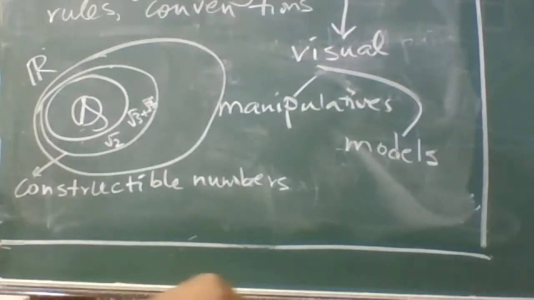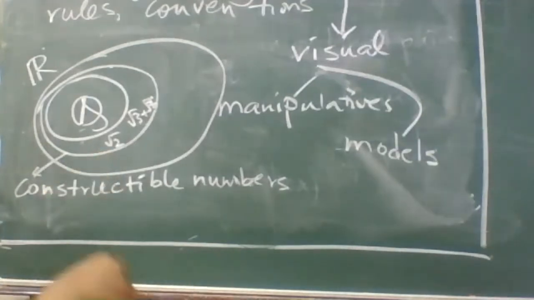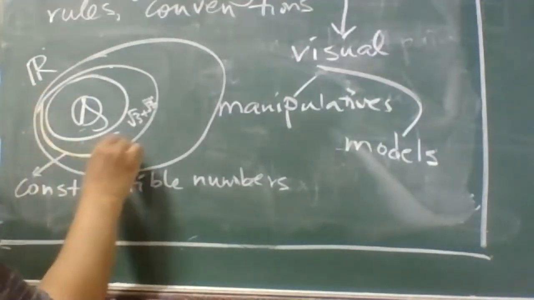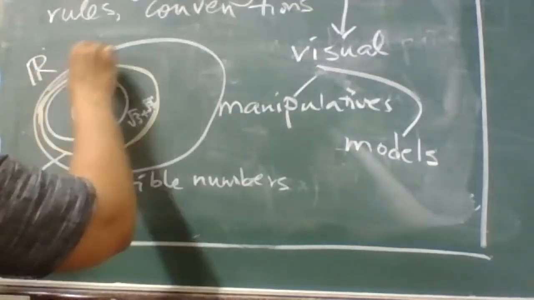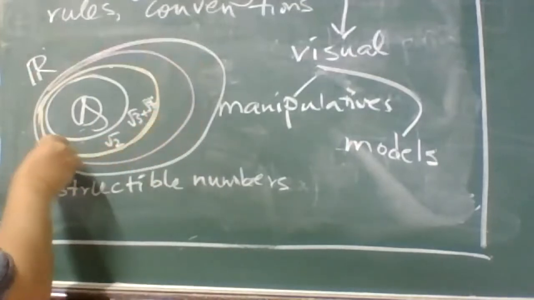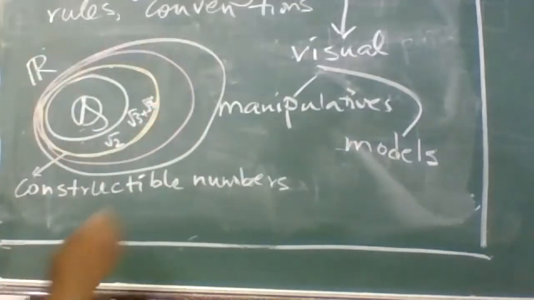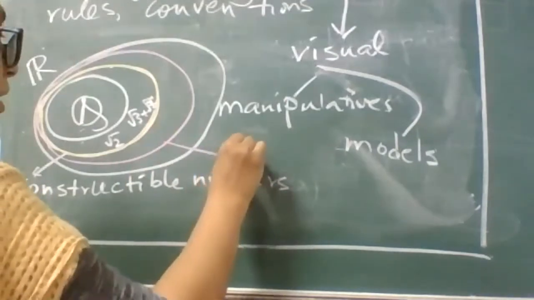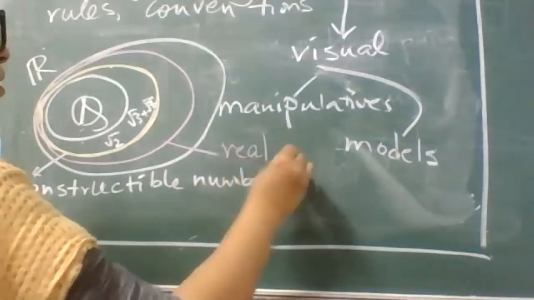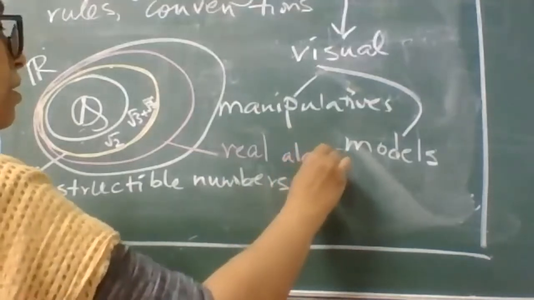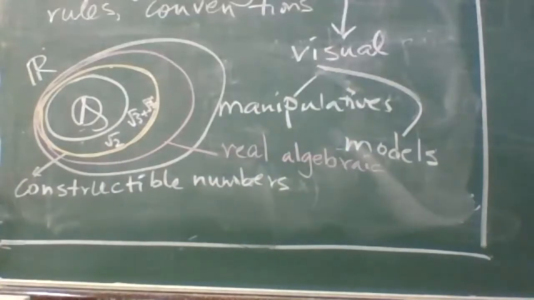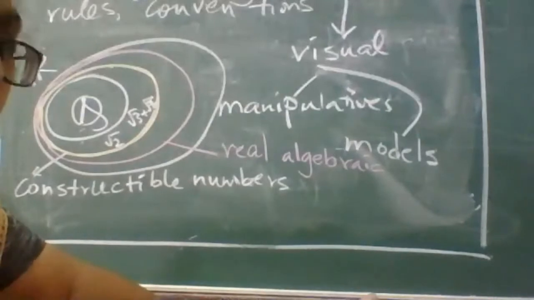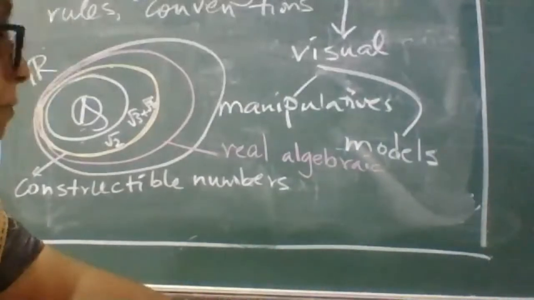Okay. Now after constructible numbers, there is another set, which I will call real algebraic numbers. Algebraic numbers are basically roots of equations with integer coefficients.